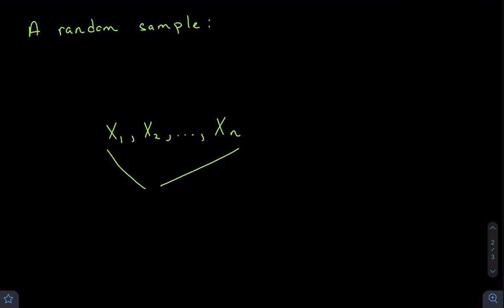So a random sample is going to be a collection of n random variables, let's call them x1, x2 through xn, which basically will come from the distribution of some random variable x, which means each of these random variables will have the same, identical distribution.